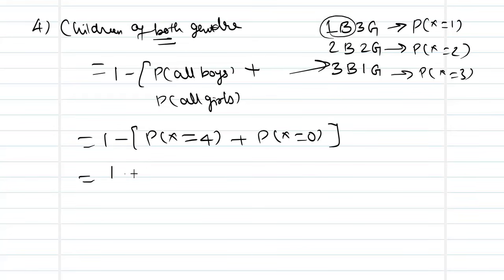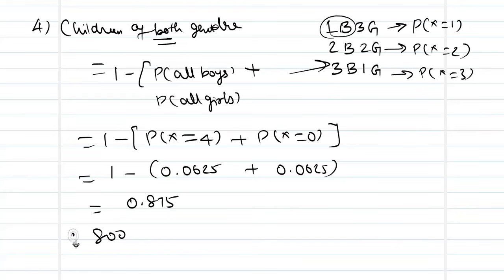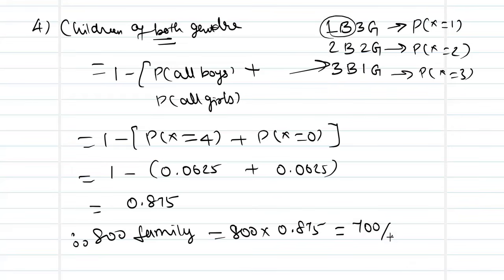So you have it as 1 minus, x equal to 4 is 0.0625 and this is going to be 0.0625 again. So subtracted, the final answer will be 0.875. Therefore, for 800 such families, the number of families having children of both the gender will be equal to 800 into 0.875. So this turns out to be equal to 700 families.